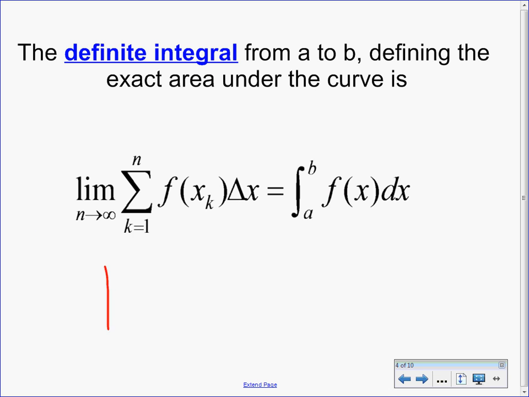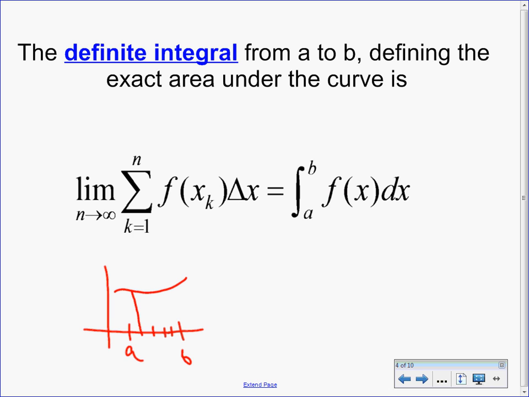So if I have this picture from A to B, and I'm using, we'll just put a few rectangles in here. Obviously, there's going to be more than this. If I'm using right endpoint, what does this rectangle look like?